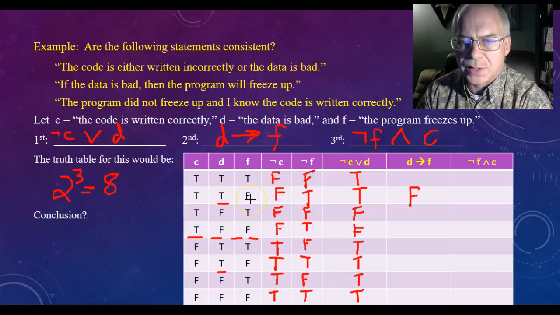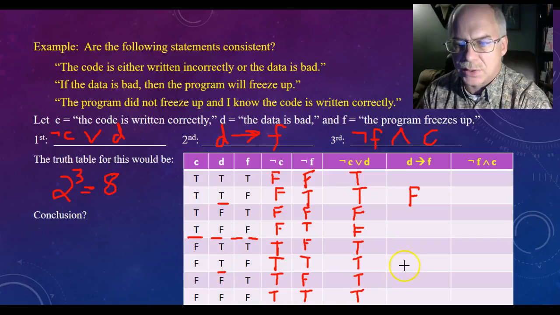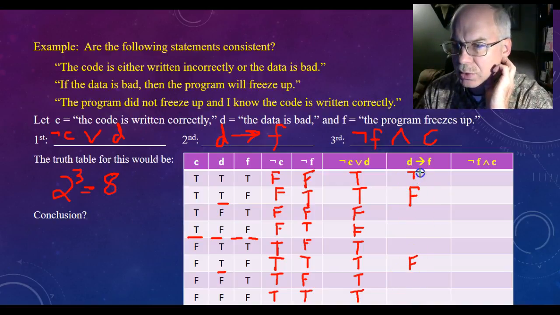But then it's not false again until the 6th row. It's going to be false there. But then the rest of the time, you don't have a T, then F, so it's going to be true. So I'm going to just put true for the rest of these. It's hard to write with this mouse.